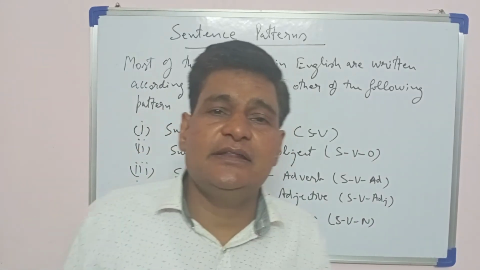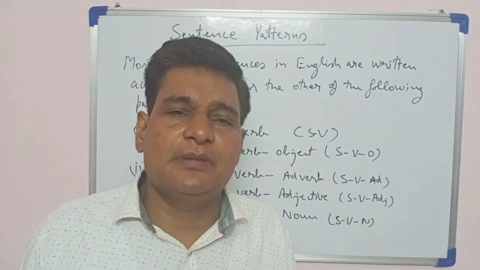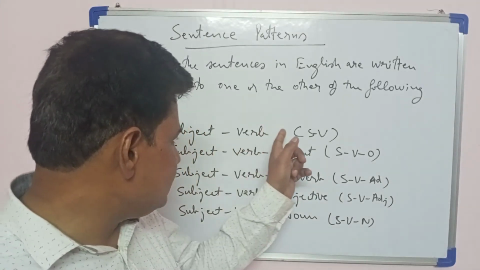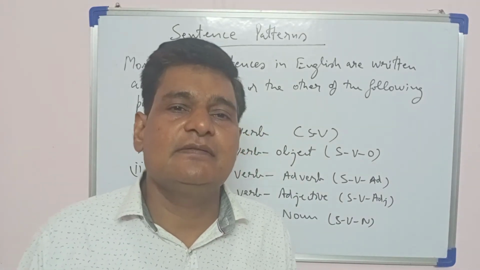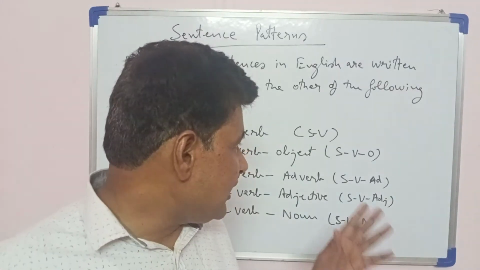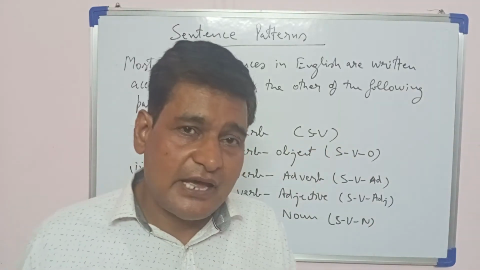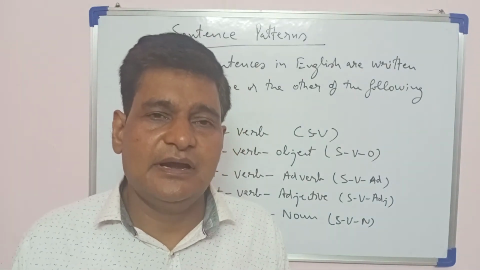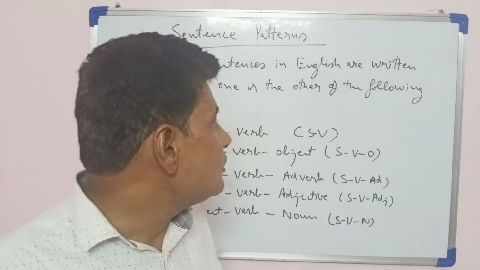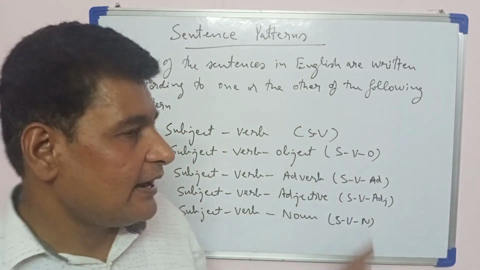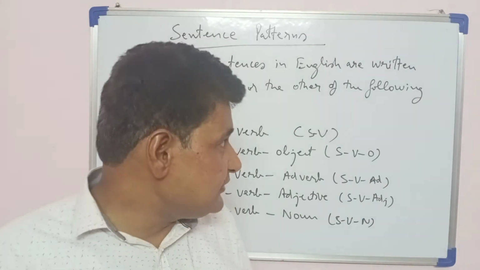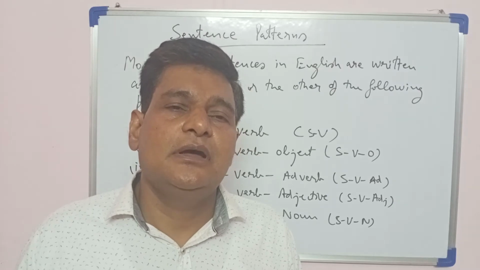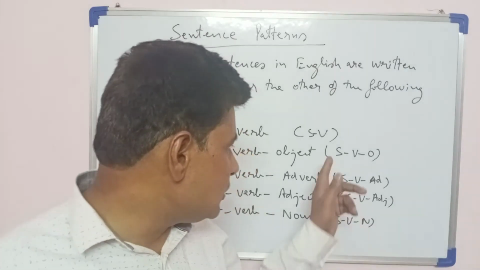So we will understand these patterns one by one with certain examples. And you know that basically if we are using the first pattern in writing a sentence, then sometimes when the sentence is expanded, we add something to the subject and something to the verb. So we will understand these through examples. There are 5 patterns in English basically, and when we write a sentence, we write according to one or the other pattern.